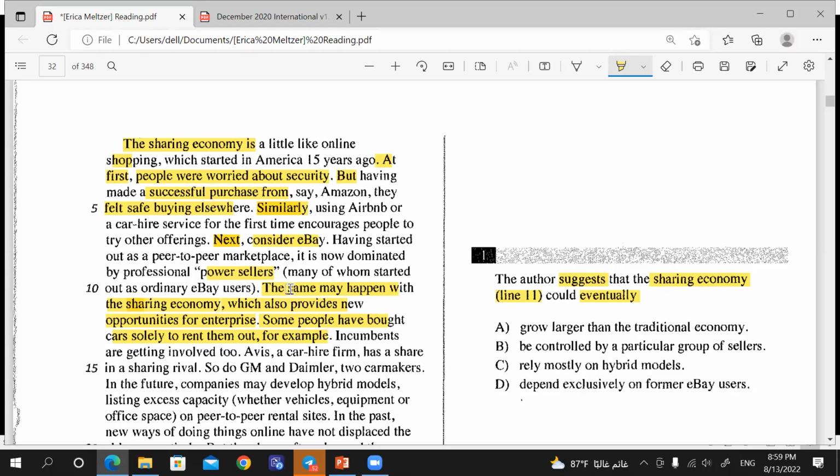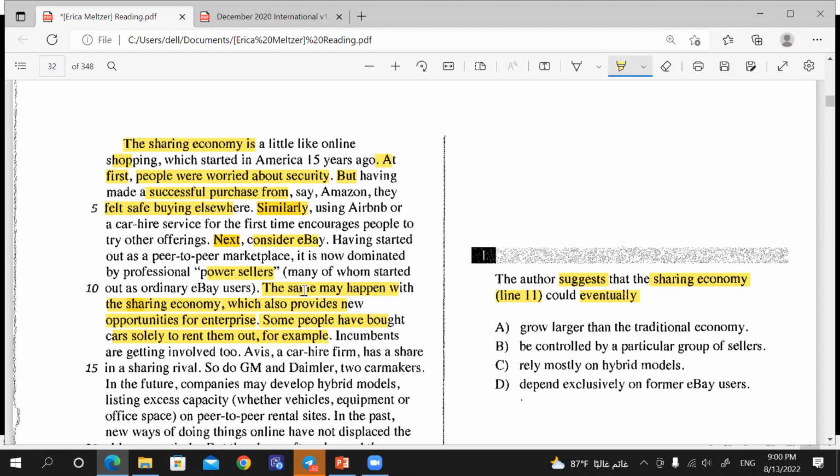And here is a similarity between online shopping and the sharing economy. And I have here, having started out as a peer-to-peer marketplace, it is now dominated by professional power sellers, many of whom started out as ordinary eBay users.